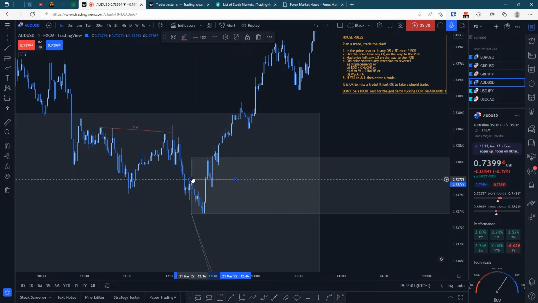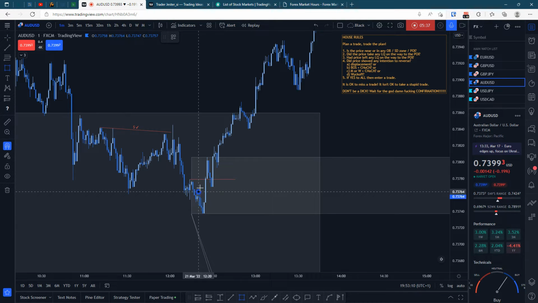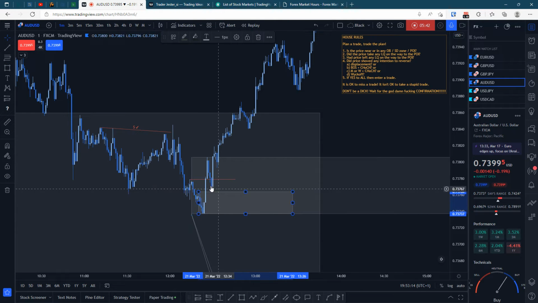Okay, so we have a change of character here. And then my limit order was just a notch above this zone, but not enough to trigger the trade.